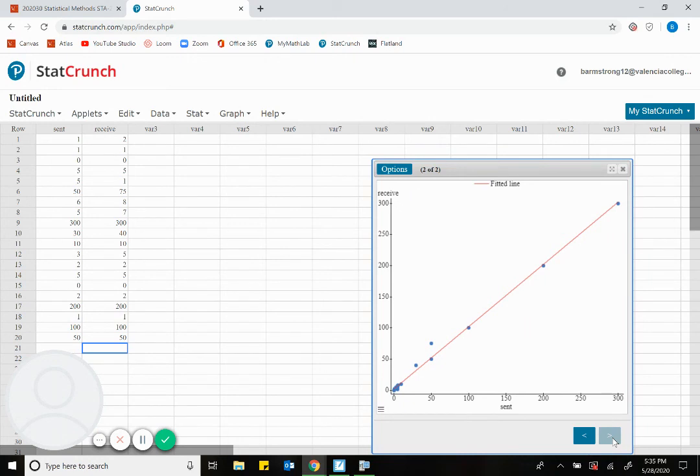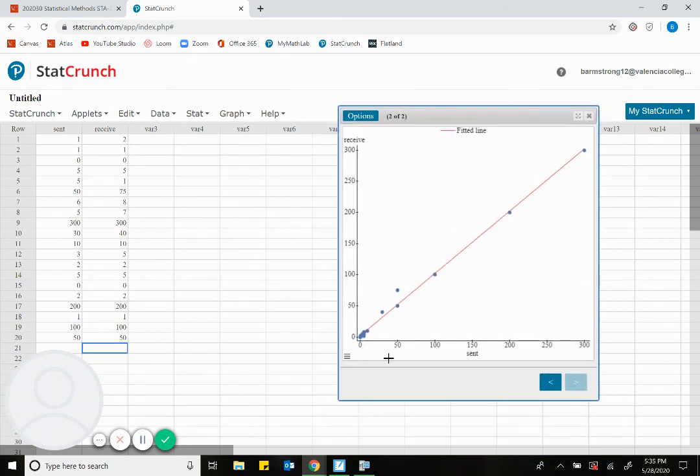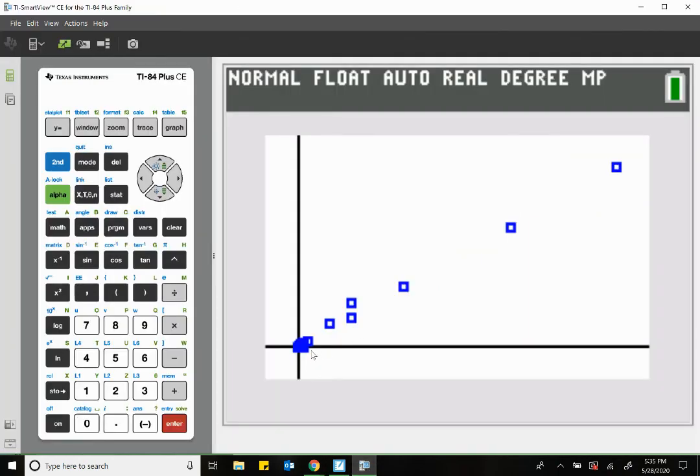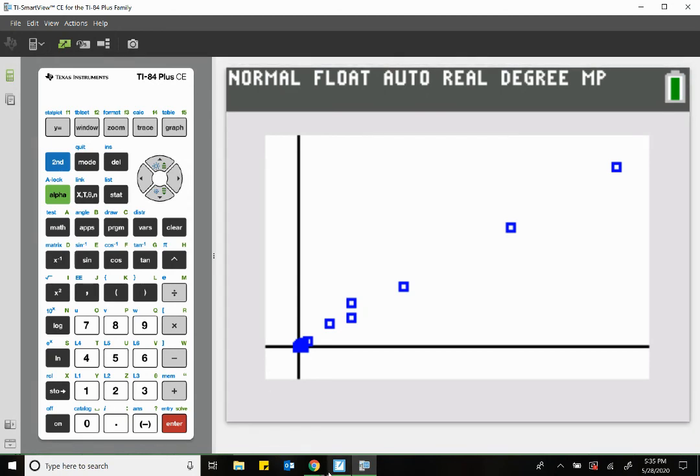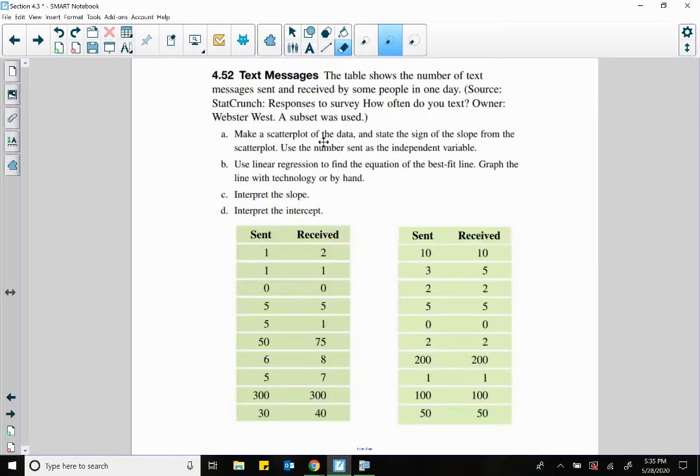If we look at this, there definitely looks to be a regression here, and it is increasing from left to right. So that means that it will be a positive slope. So in here, state the sign of it, it will be positive, and then you saw what the scatter plot looked like. Okay? So part A is all done.